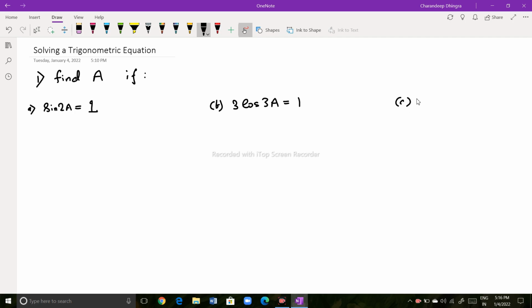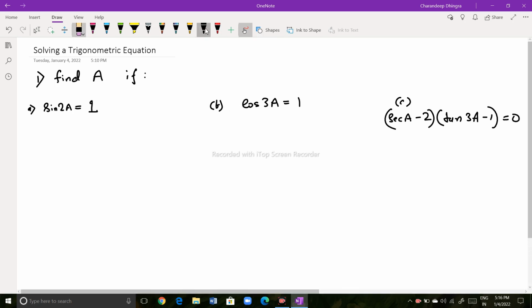And let's take one more. Let's say we have (sec a minus 2) into (tan 3a minus 1) equal to 0. Okay, so let's take this part as 2 cos 3a is equal to 1. So let's start off with these three questions.